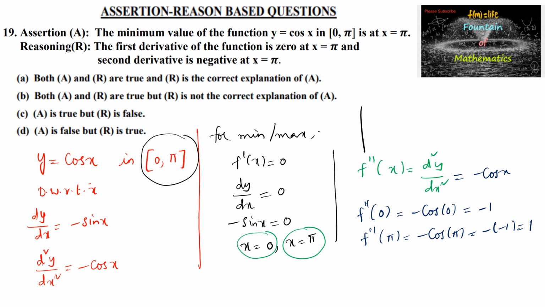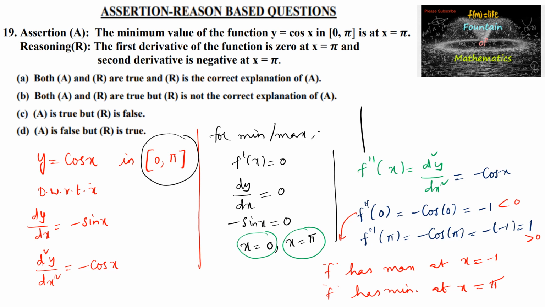So f double dash of 0 is negative, so we can say that f has maximum at x is equal to 0 by the second derivative test, and f double dash of pi is 1, which is positive, so we can say f has minimum at x is equal to pi.